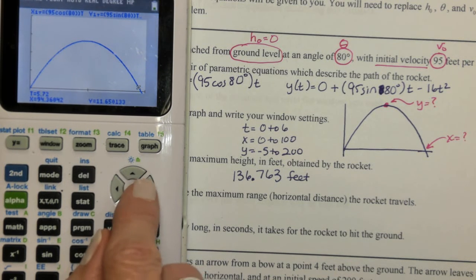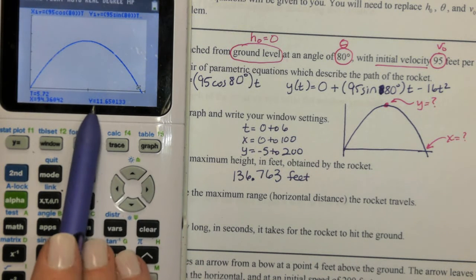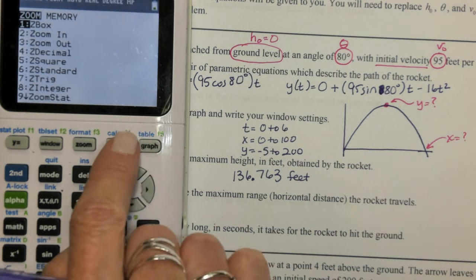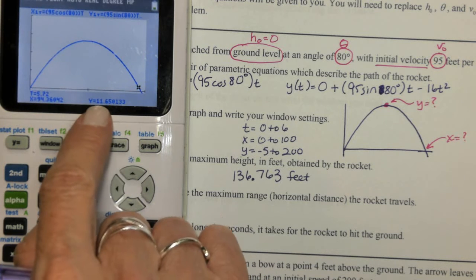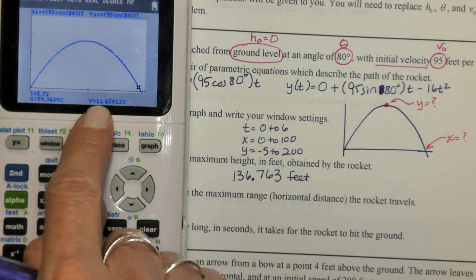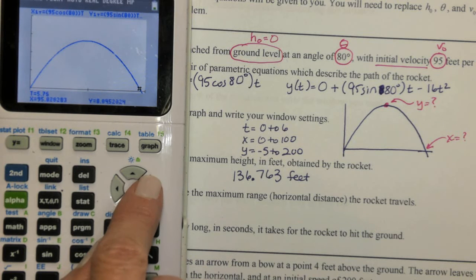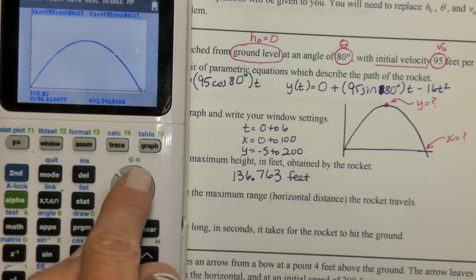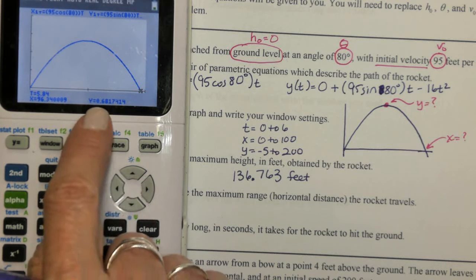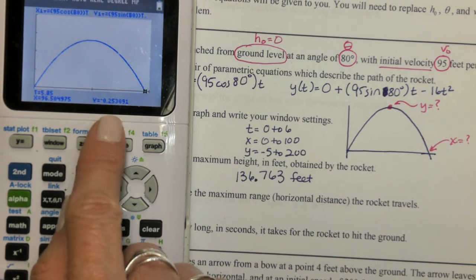Okay, so now I'm looking at the y coordinate here, and I want for the y to be 0. Right now it's 11 point something. So I'm keeping on going, looking at this till it gets to 0. Oh, it's 0.68. Now it's negative 0.2.